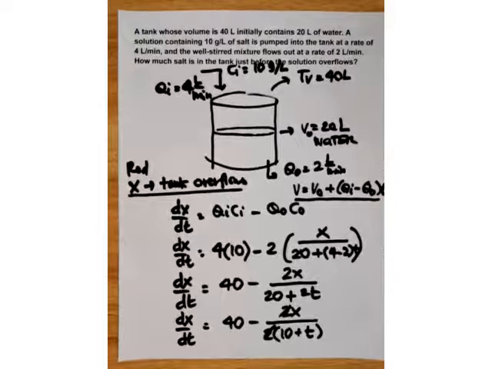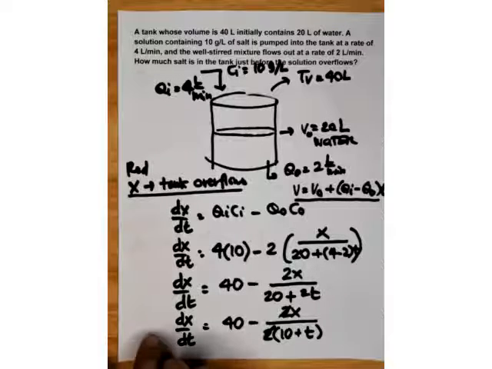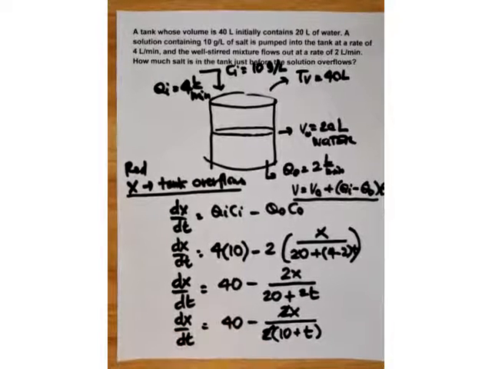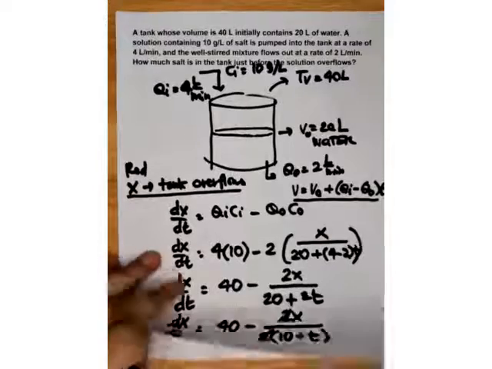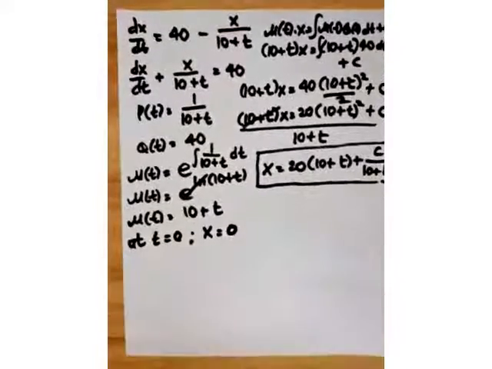Unlike our first example, it was given naman. Okay, pero dito, what do you think? At time is equal to 0, what is x? So what is the value or what is the amount of substance in the tank? Okay, so the answer is 0.